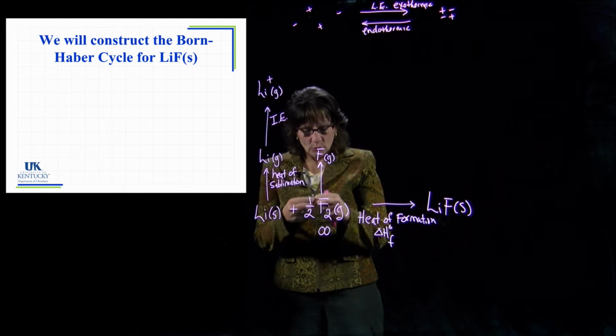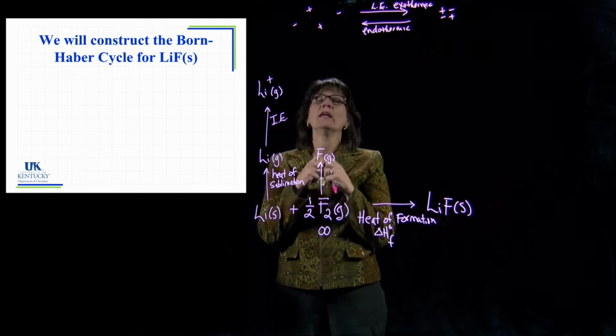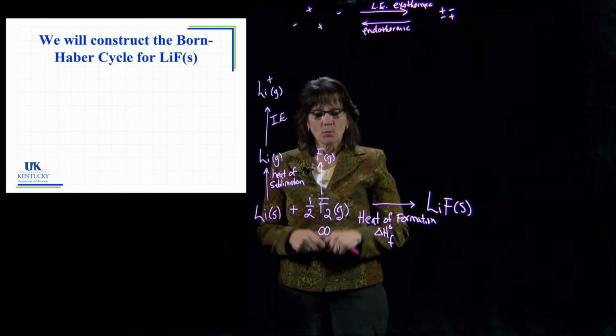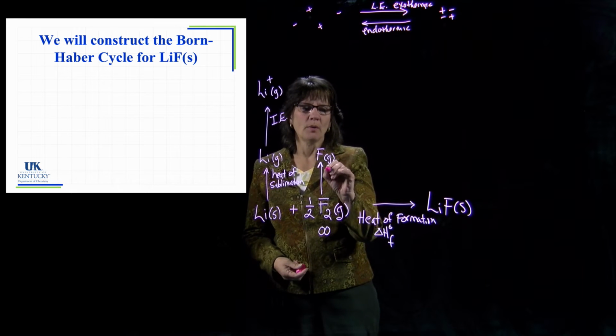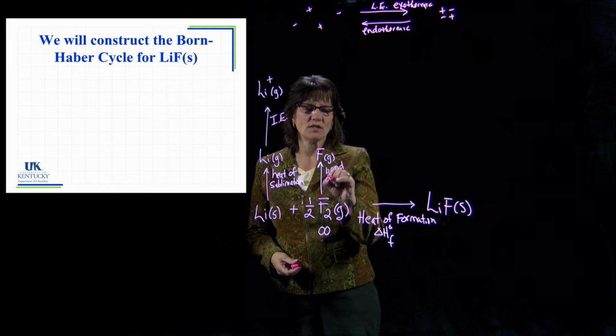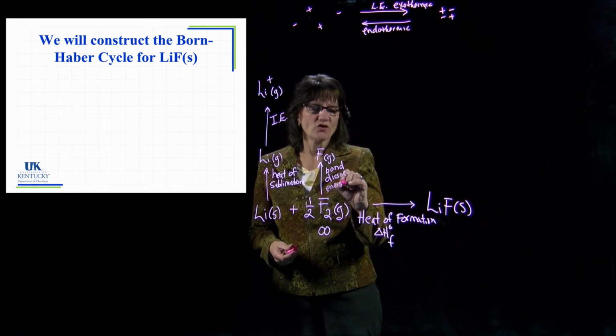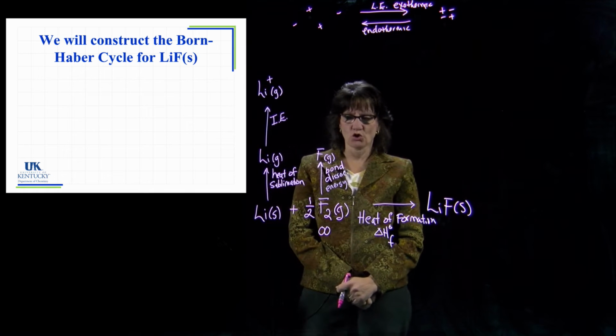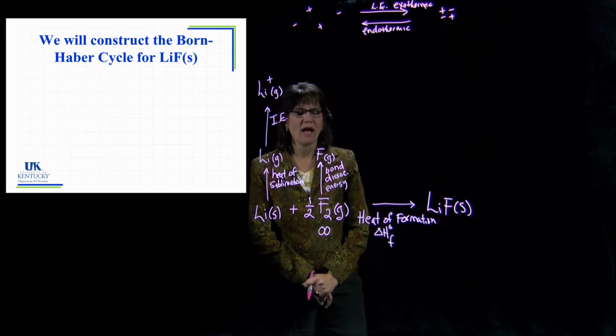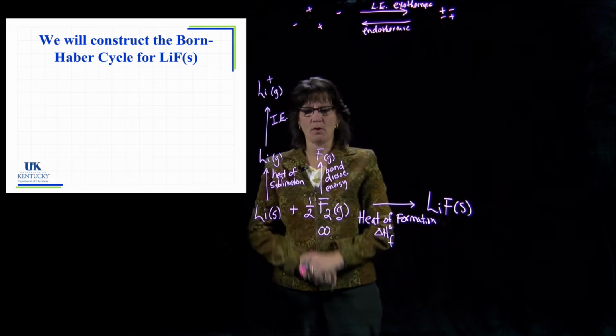There is an energy required to break a bond. We have tables of those. They're called bond dissociation energy, or sometimes just bond energy for short. So there are the values of how much energy it takes to break that bond.